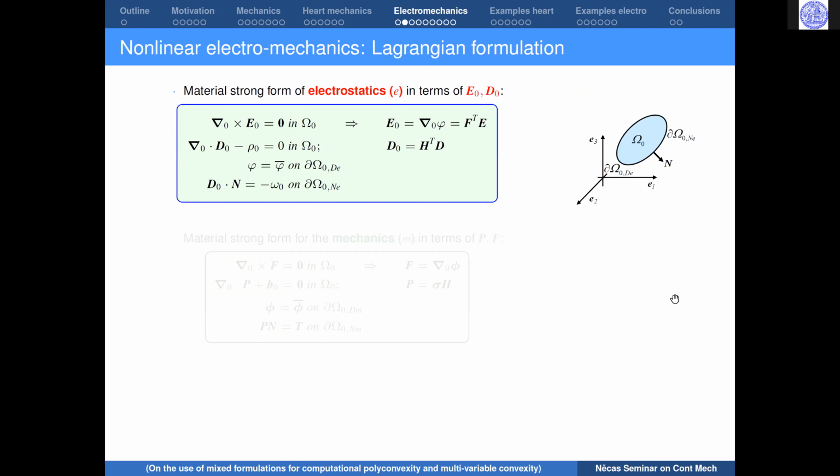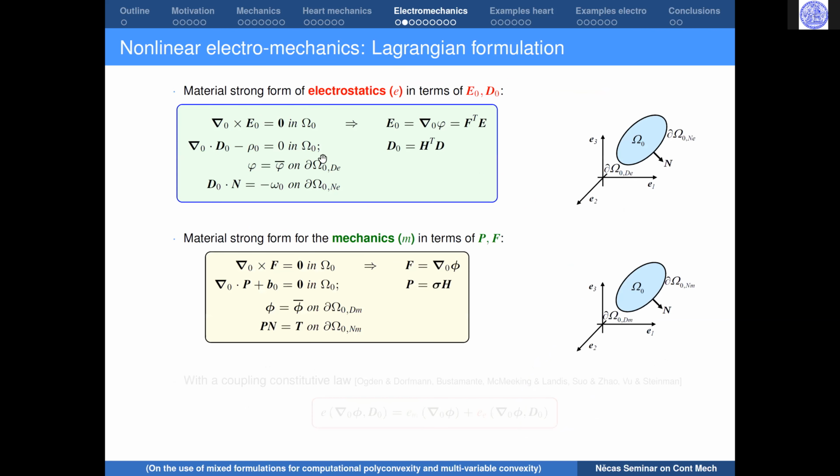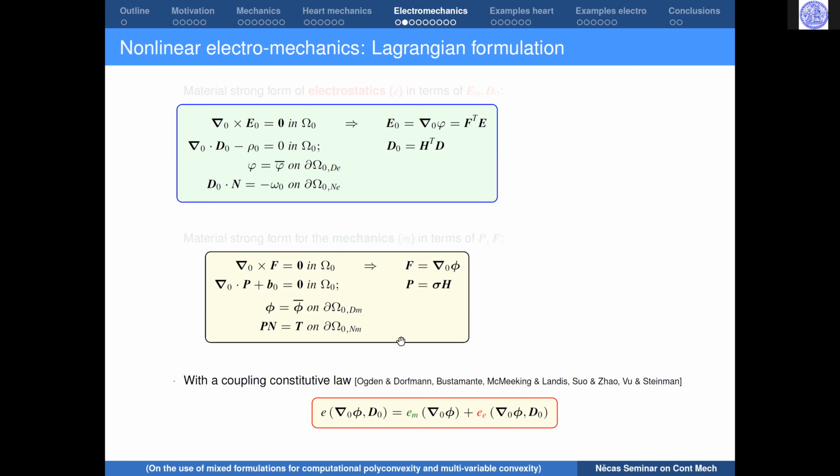From the point of view of electromechanics, which is the other field, what are the main ingredients of the work that we've done? This is the classical set of equations that generate from Maxwell, so Faraday and Gauss. These are the mechanics equations. And then, of course, what we look for is to couple both.